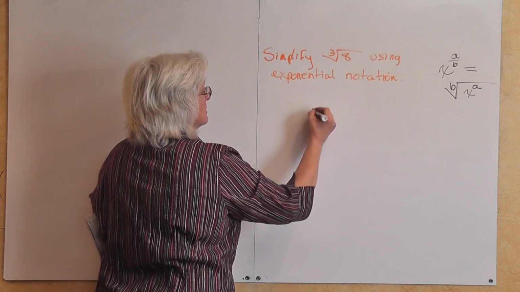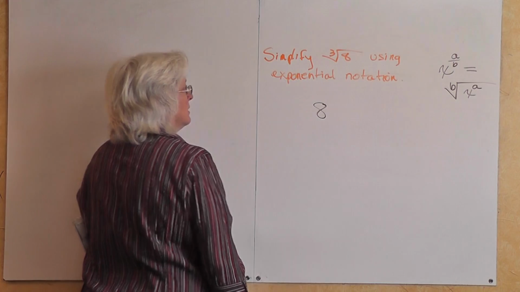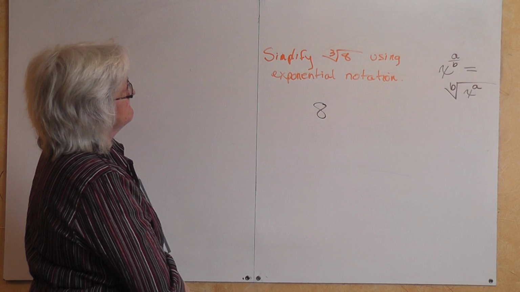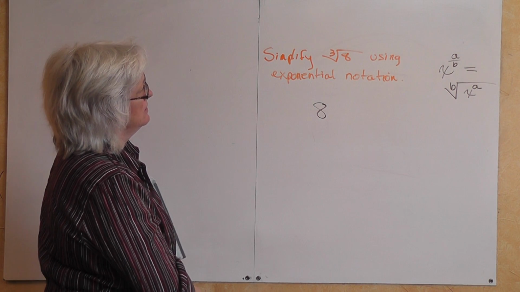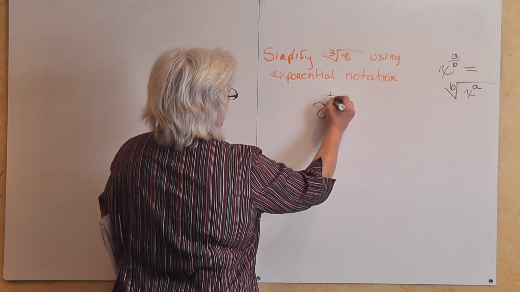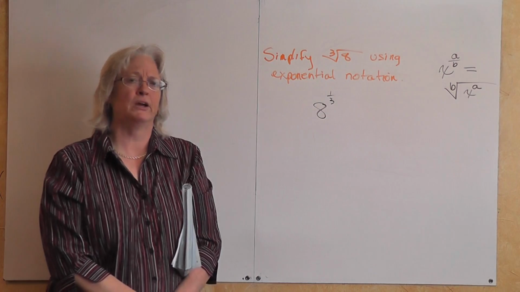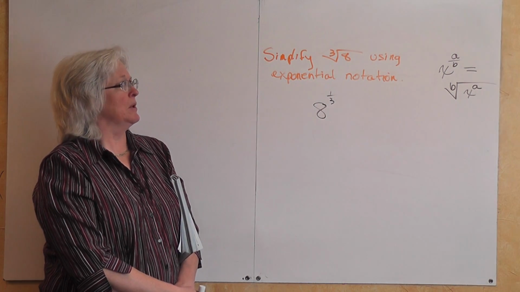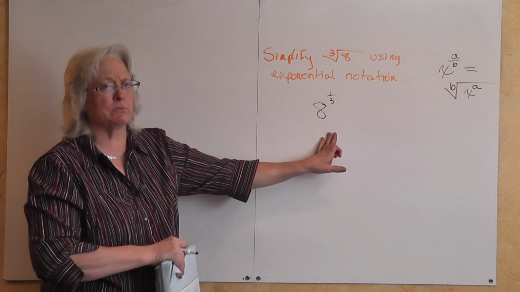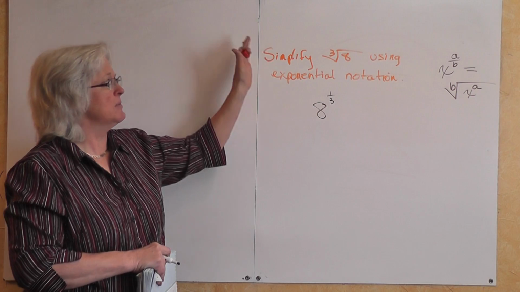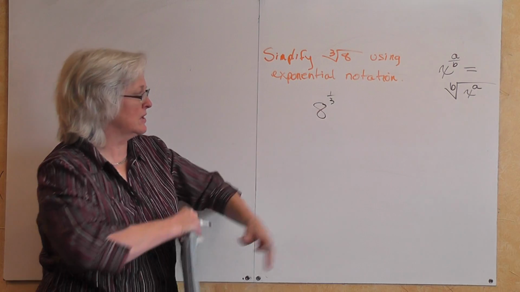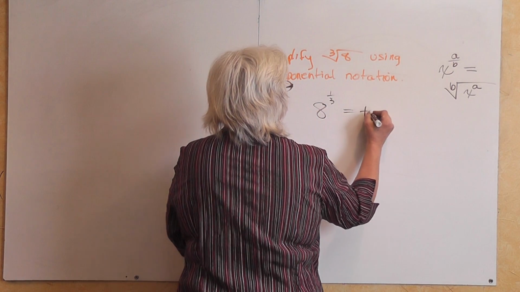So we have 8, and the exponent would be 1/3: 8 to the 1/3. Really doesn't help us a whole lot, but let's think of another way, because we don't know how to simplify that. 8 to the 1/3 means nothing yet, but we can say that the cube root of 8 is the same as this. Okay, this is true, but it's not helpful.